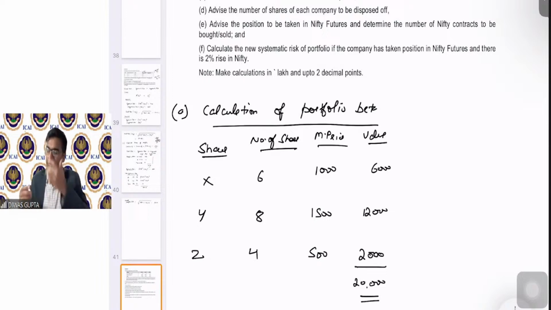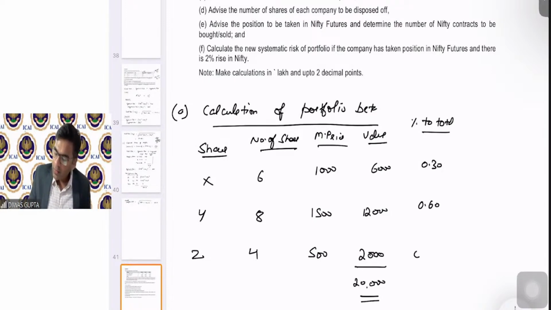Then percentage to total, that means the weights. So 6,000 on 20,000 is 30%. This is 12 on 20 will be 60%. Then 2 on this will be 10%.